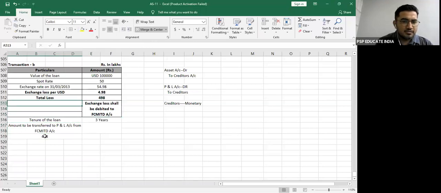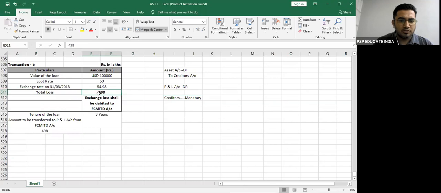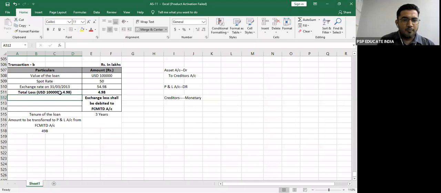I'm sorry, I made a mistake. The total loss will be 4.98 lakhs because we have 1 lakh US dollars. So 1 lakh US dollars into 4.98 will be 4.98 lakhs.